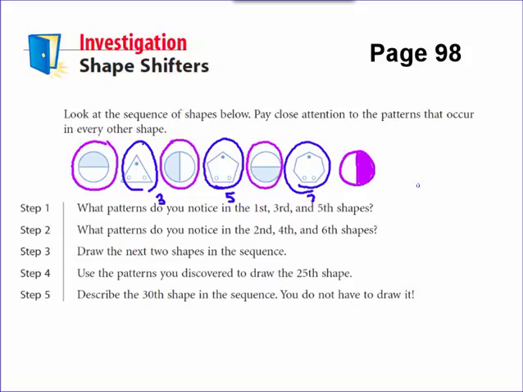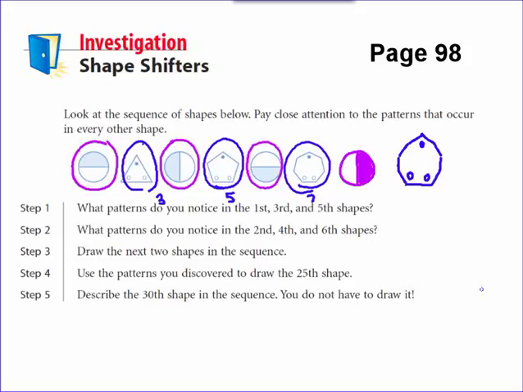So this next one would have 9 sides. So this could be kind of an interesting drawing. We know that we're going to have a dot up here and 2 little dots down here. So we've already drawn the next 2 shapes in the sequence.